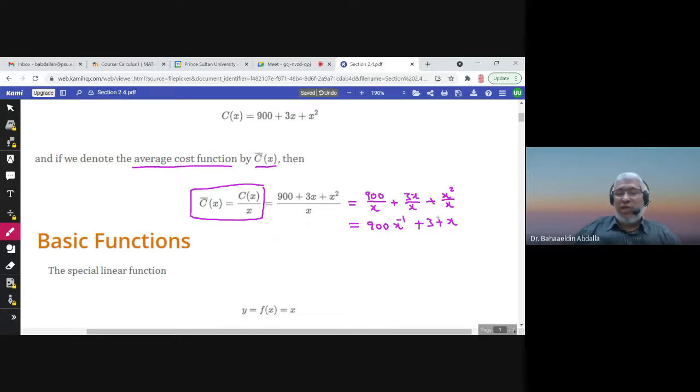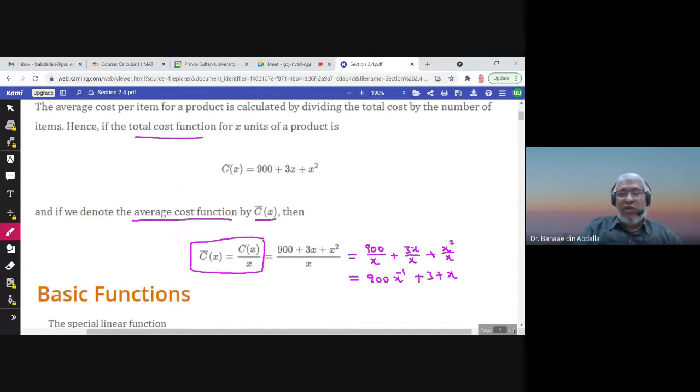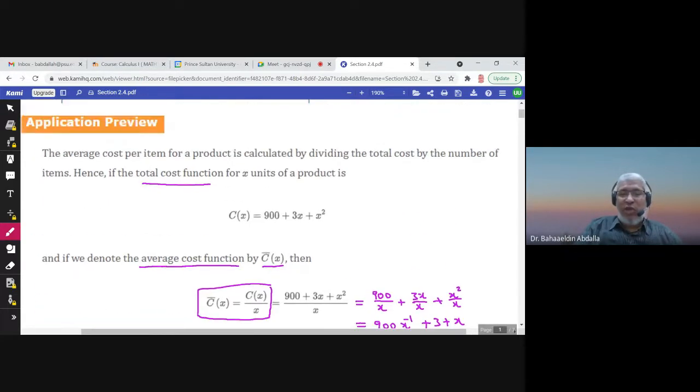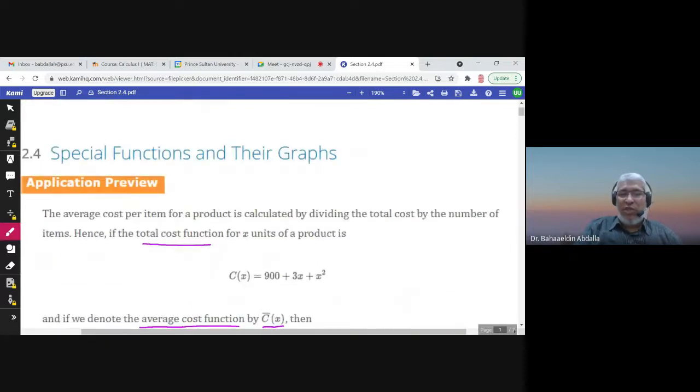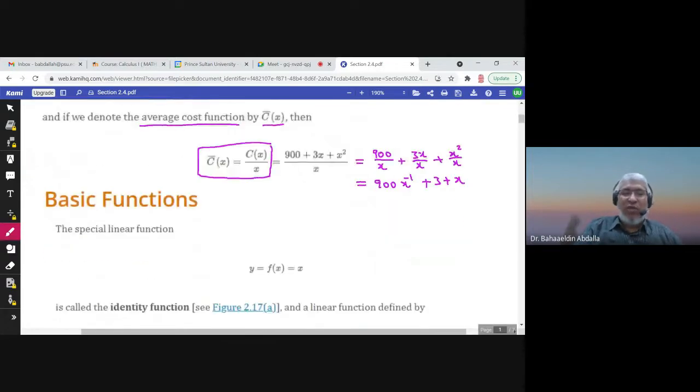So this function here is not a polynomial function. The cost function is a polynomial function, while this function is not a polynomial because x has power -1. In polynomials, the powers should be 1, 2, 3, 4. It cannot be -1. So this is one of the functions we are going to study in this section, the special functions, which is the rational function.